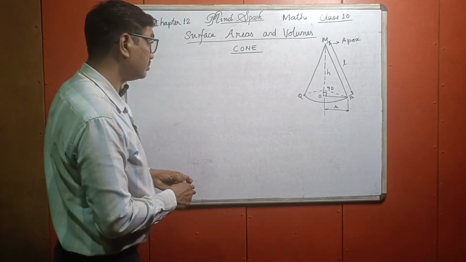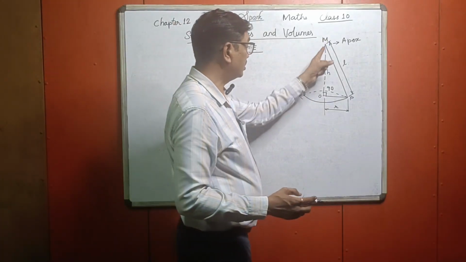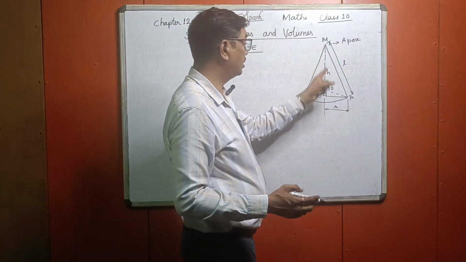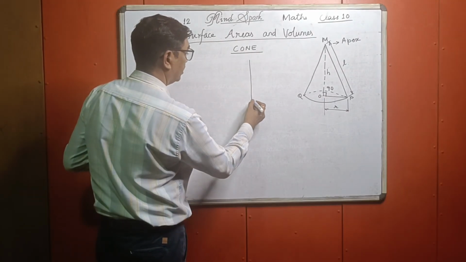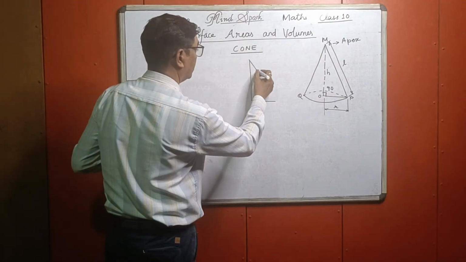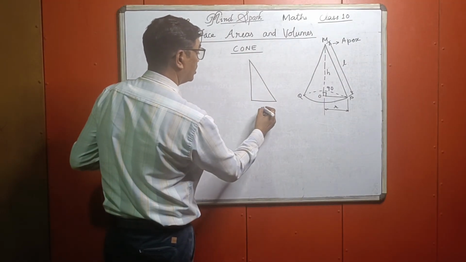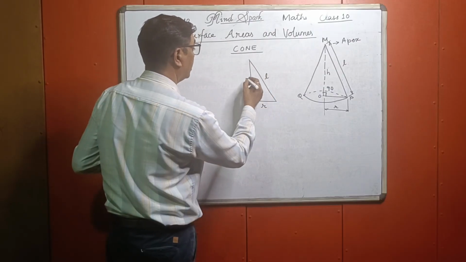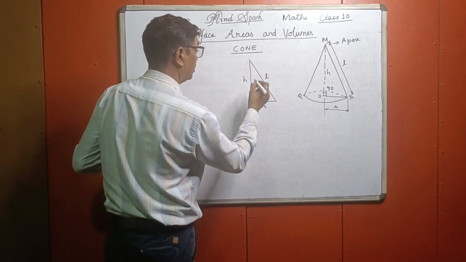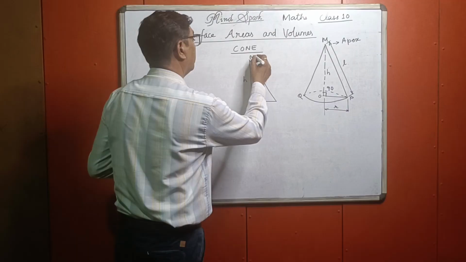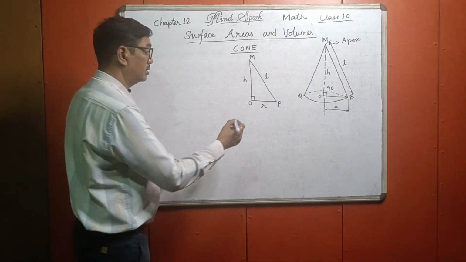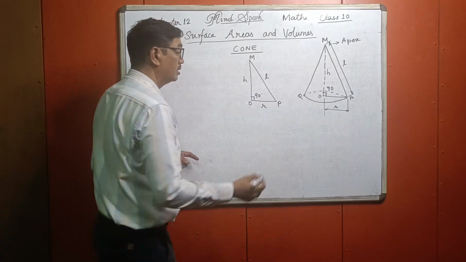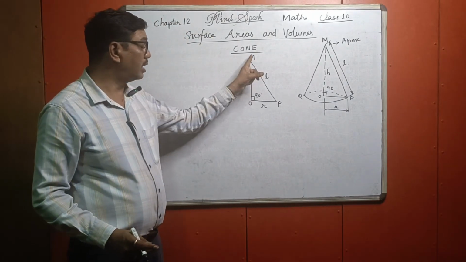Now you can take this triangle MOP separately. This is your radius, this is L, and this is H. This is 90 degrees, so opposite to 90 degrees is the hypotenuse.